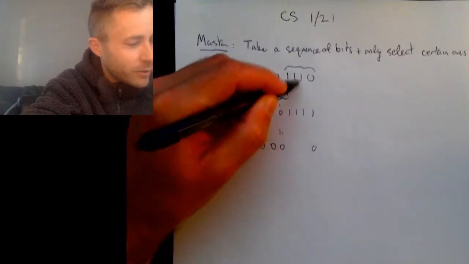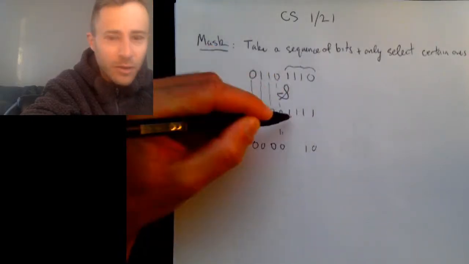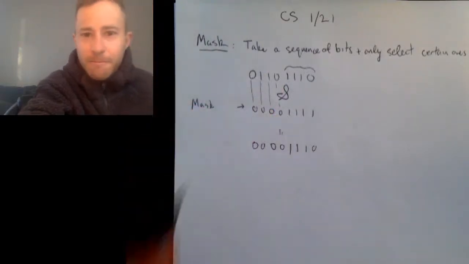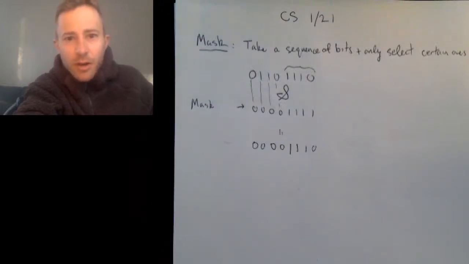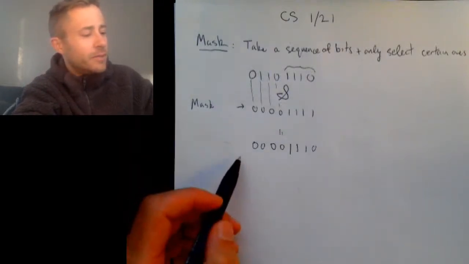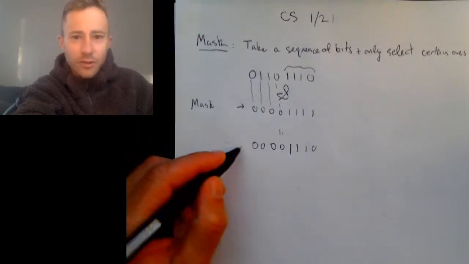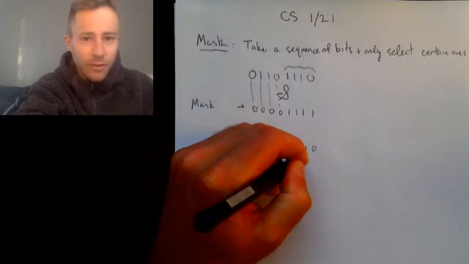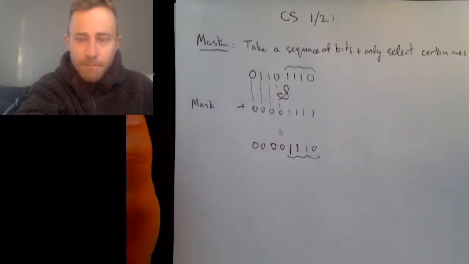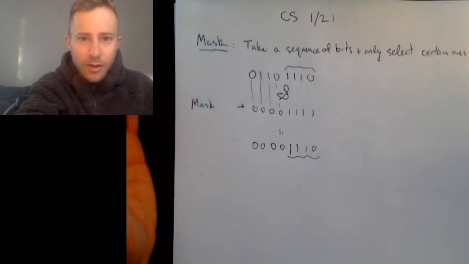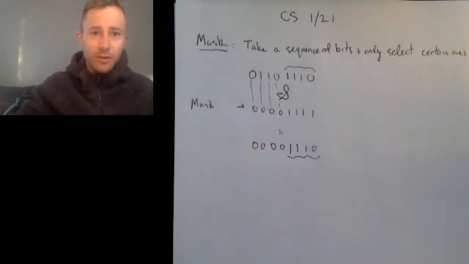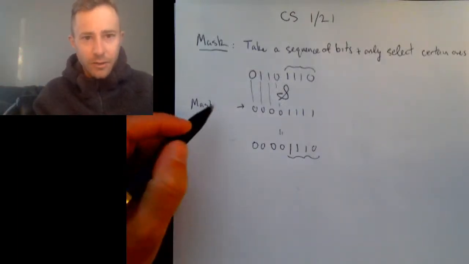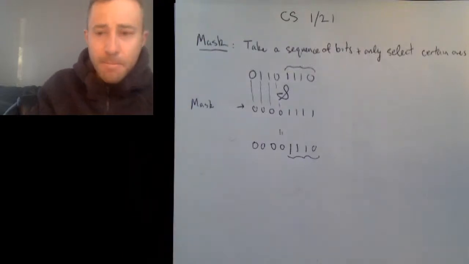I have 1 ANDed with 1, that's 1, and again 1, and again 1. So this would be the result. You can see that these 4 bits match these 4 bits, and everything else is set to 0. So I'm selecting certain bits using the mask and bitwise AND.